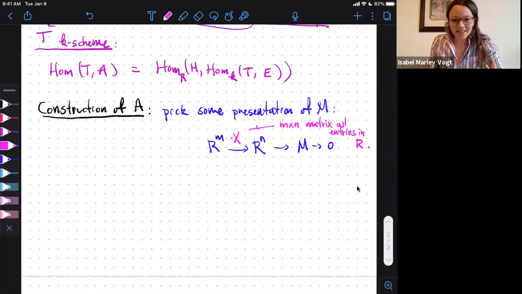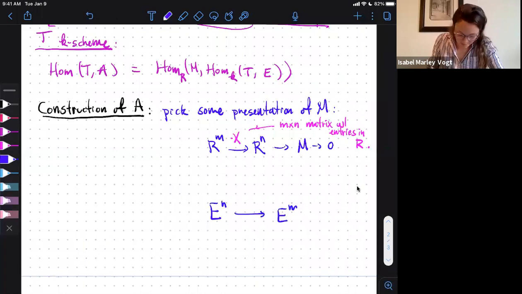But remember what R is. It's the endomorphism ring of E. So I can also act on powers of E using this matrix. So I can also take E to the N to E to the M, and I can act by this matrix on the left, and that defines a morphism from E to the N to E to the M.